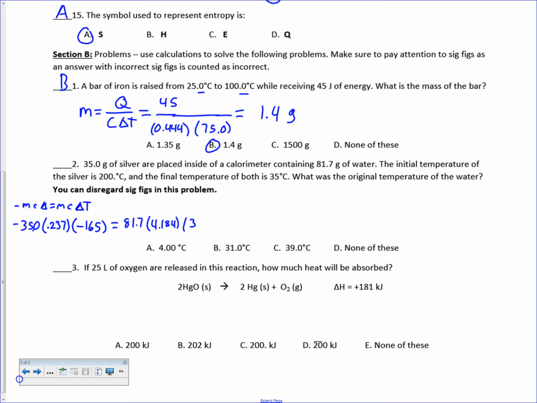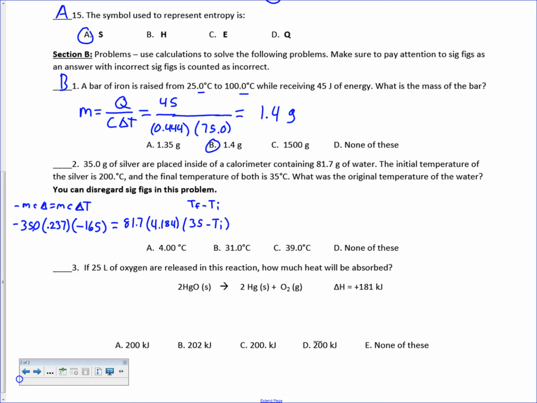times 35 minus Ti. And so in this case, this relies on you knowing that delta T is defined as T final minus T initial. All right, and so we've just plugged in the final temperature but left them separate. So you can do some simplification here.